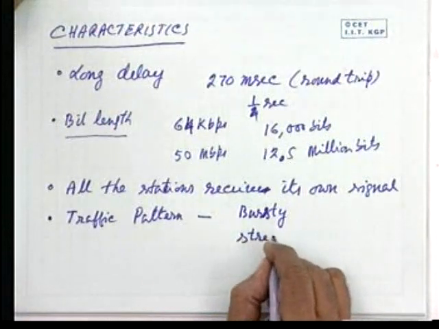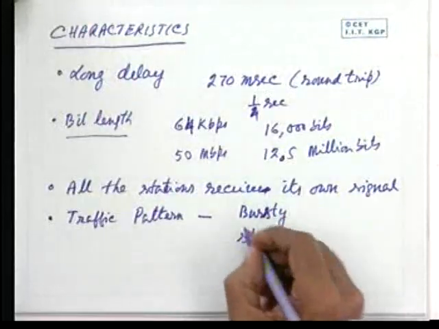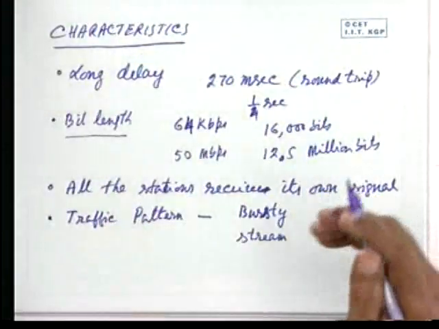The data is sent in bursts, or it can be stream traffic, continuously being sent, as it is done in case of telephone communication. So there are two possibilities, and your traffic pattern can be a mixture of these two. Now, based on these characteristics, let us see which technique can be used.